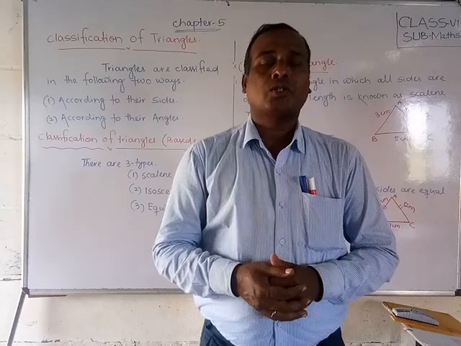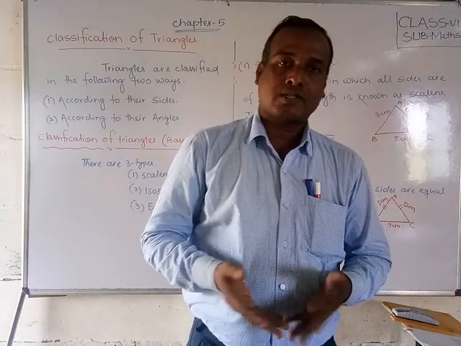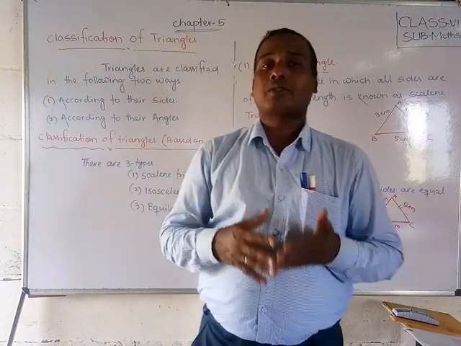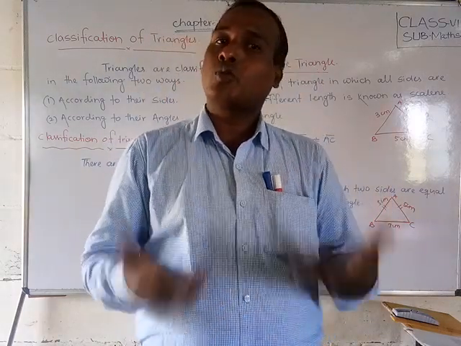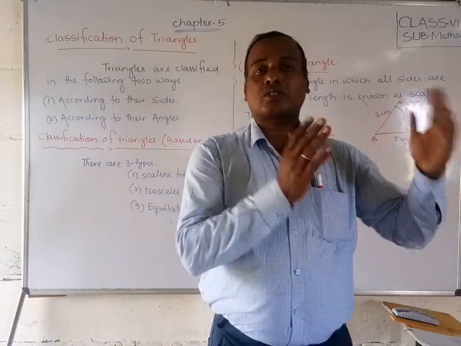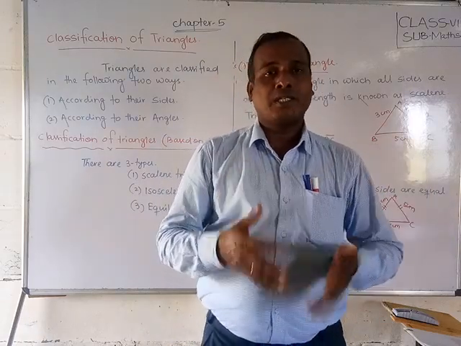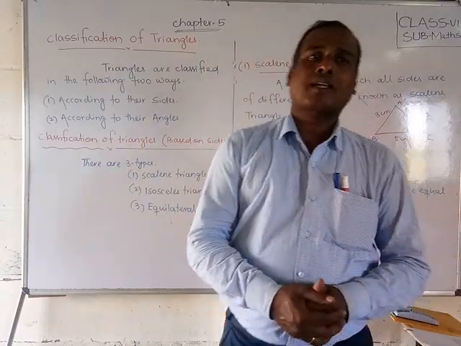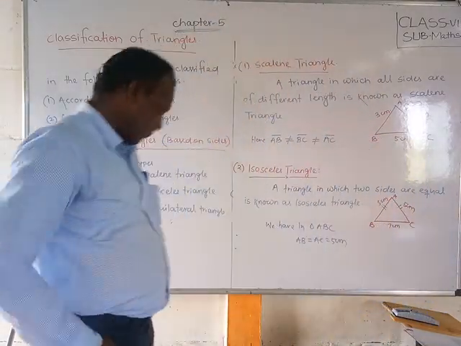These triangles are of different types according to their sides and according to their angles. So they are classified in two ways: one based on the sides and the other based on the angles. Let us start with the classification of triangles in this video.